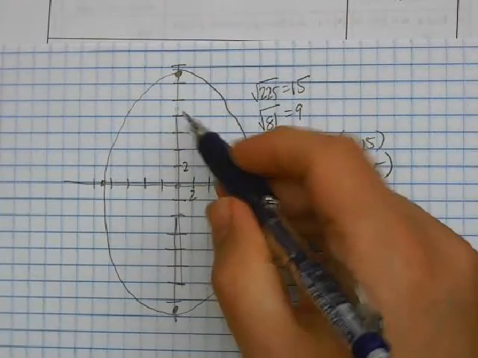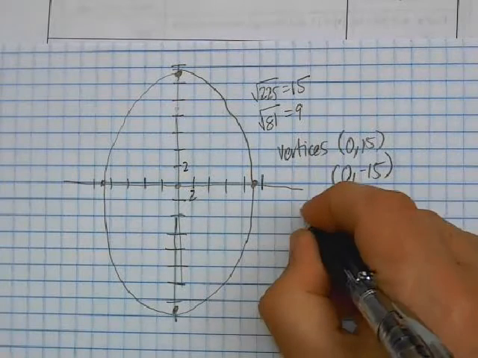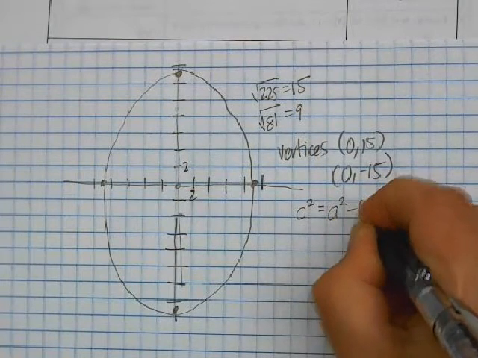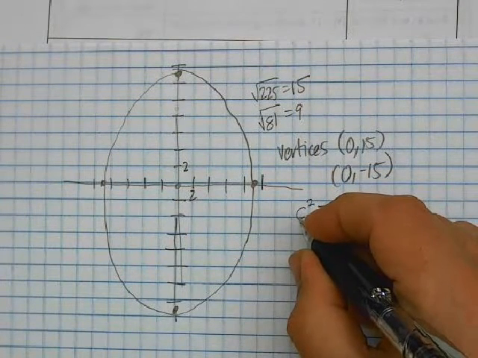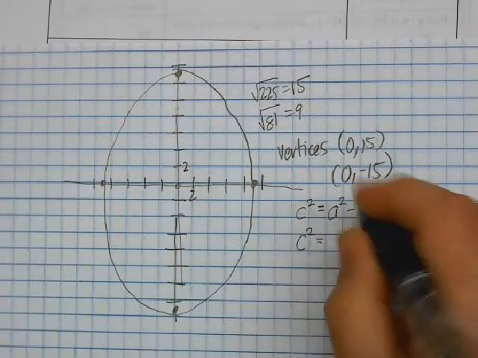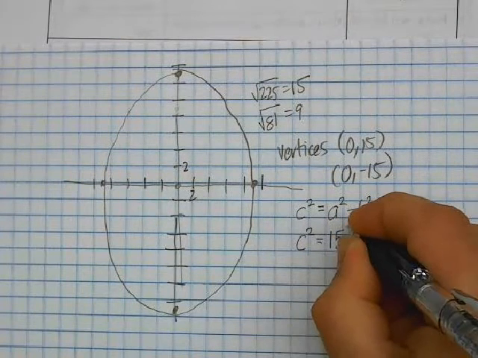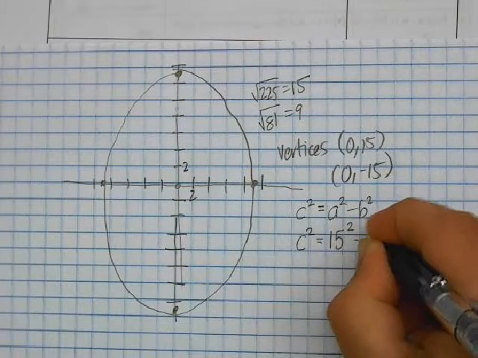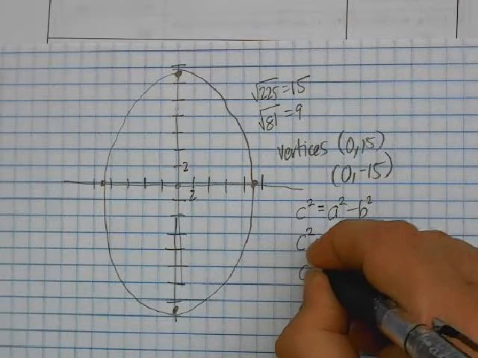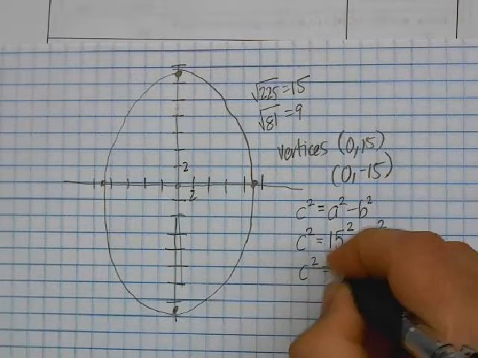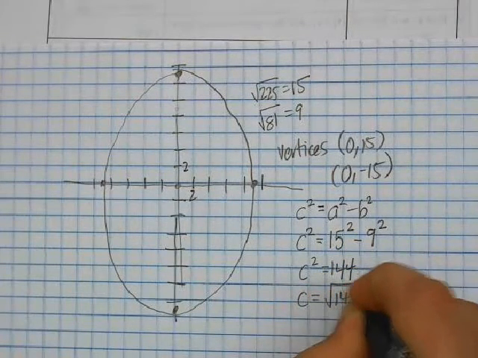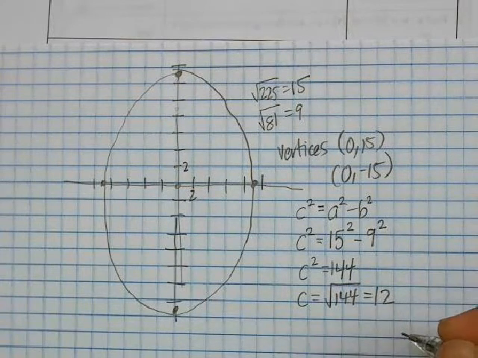Now, for the foci, they lie along the major axis. So for an ellipse, c squared equals a squared minus b squared, where c is the distance between the center and each of the foci. So my a is 15, my b is 9, so when I subtract, I get 144, which means c is equal to 12.